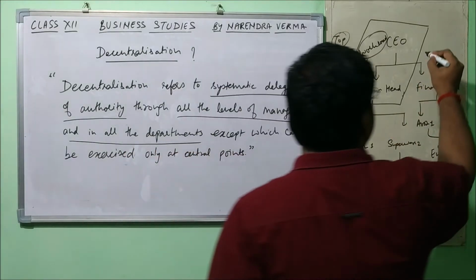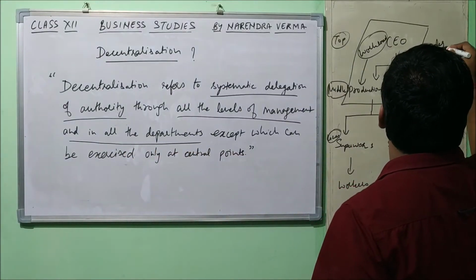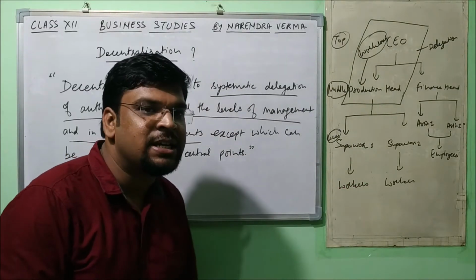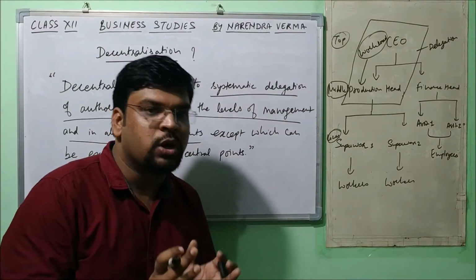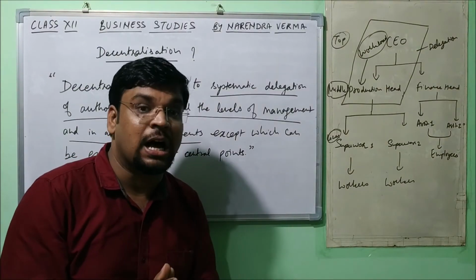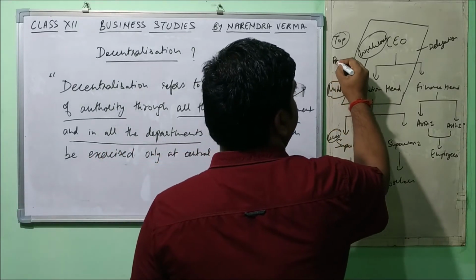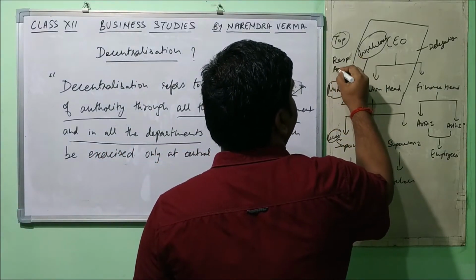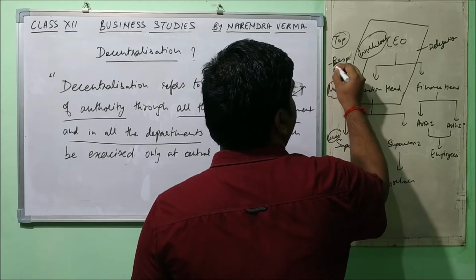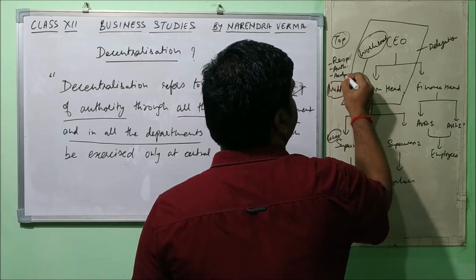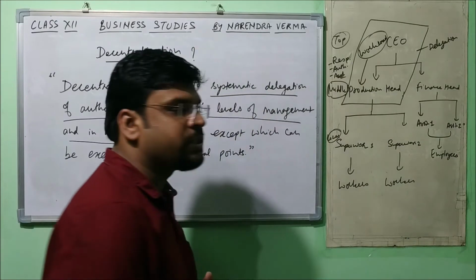Understood? This is delegation. He has shared some workload related to a particular task, and for the same he has transferred some responsibility and some authority, and accountability is also created for the same.